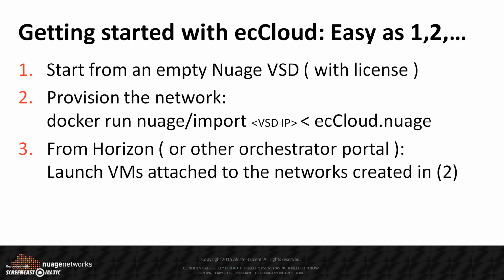So in essence, what you have is a type of network makefile. So instead of provisioning the application for the network, we're going to create the network for the application. And then once I've created the network, I can use Horizon or any other orchestration portal to launch the VMs that realize this particular application.